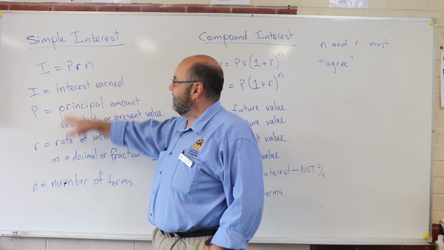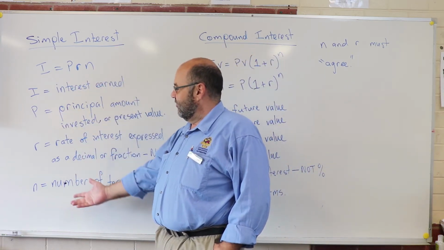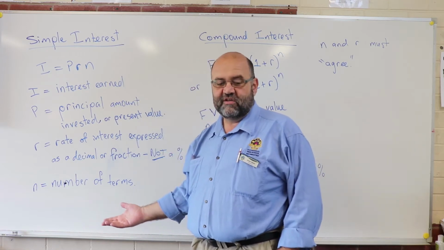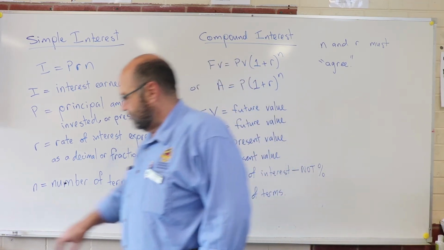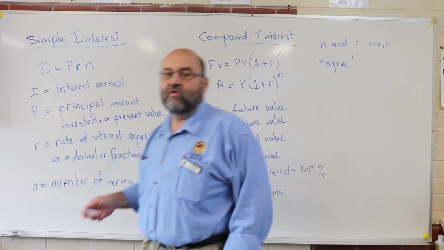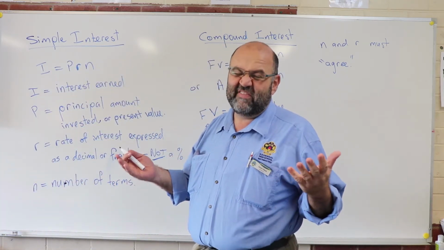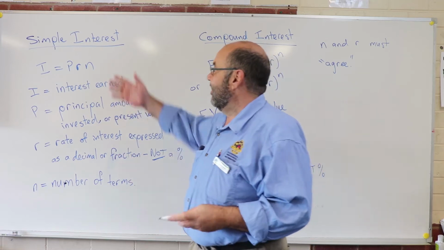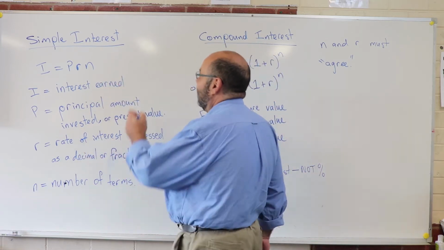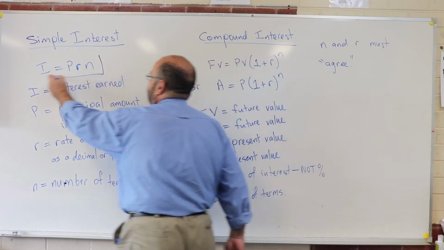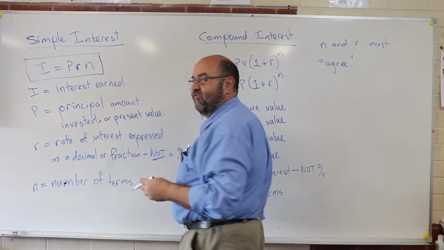With simple interest, notice that the future value is not mentioned. That's because we need to work out the future value using a very simple but different formula. So here's our simple interest formula.